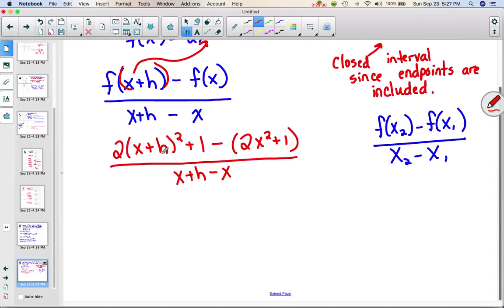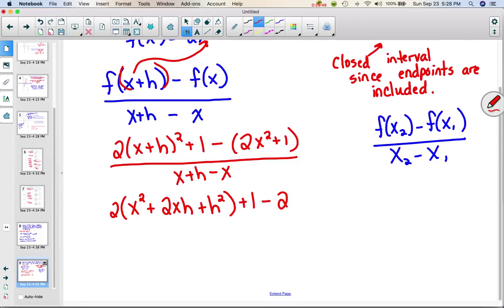So now it's just a little bit of algebra, and we've done these before because we did some of these the other day. So we have 2, and when you multiply this out or expand it, you get x squared plus 2xh plus h squared, and then plus a 1. Distribute the minus sign. And I'm going to simplify the denominator because notice the x's cancel and it just leaves an h.